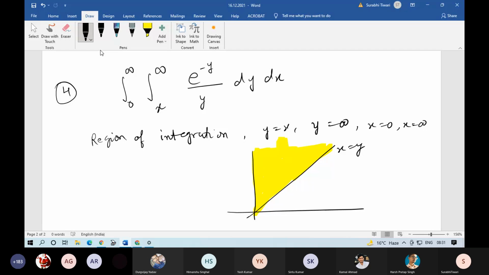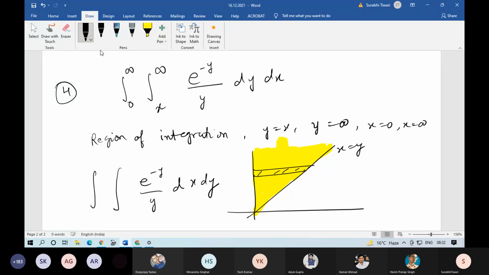Now you have to change the order of integration, so this means you have to take a strip parallel to x axis. मैम पर ये बाउंडेड नहीं है तो दोनों इक्वल नहीं होंगे ना? हाँ नहीं होंगे। So e raised to the power of minus y upon y dx dy ये निकालना है आपको. So x is varying from where to where, from this line to this line.